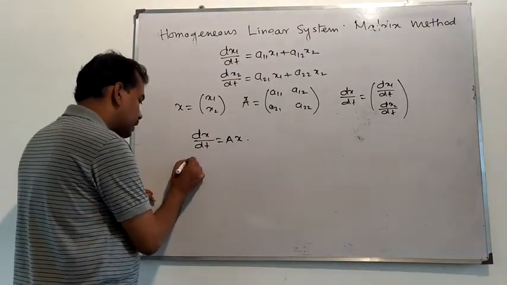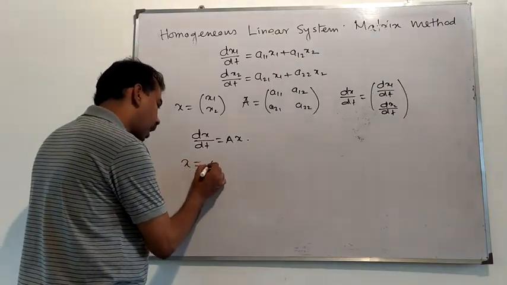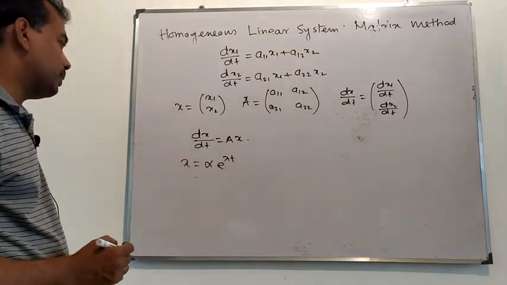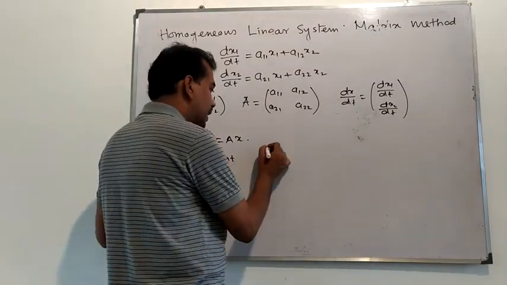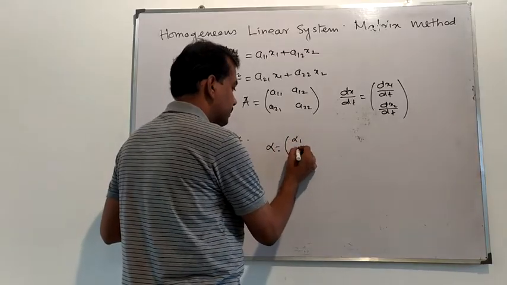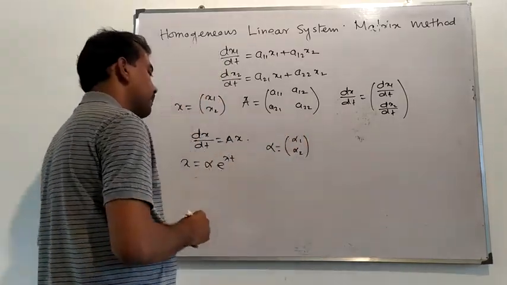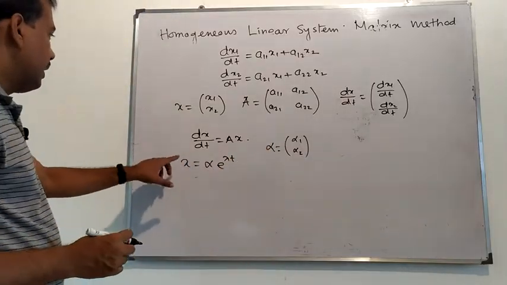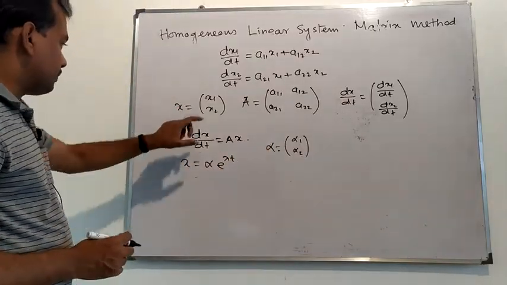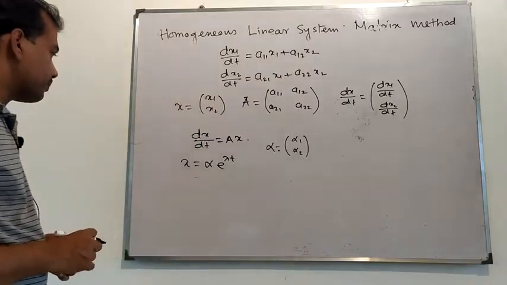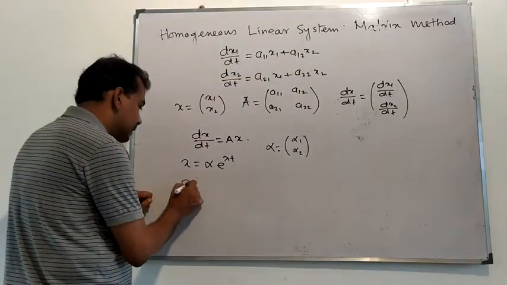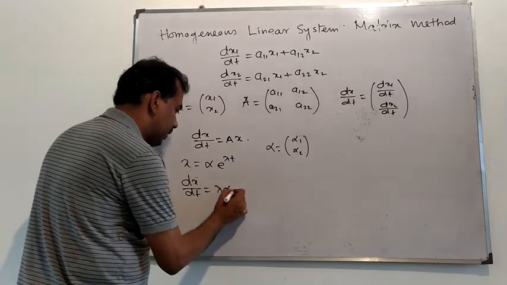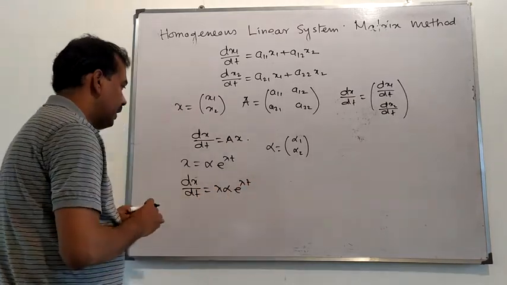So here we consider x equal to alpha e to the power lambda t as a solution of this equation, where alpha is a vector of the form (alpha 1, alpha 2), since x is a vector of this type. Now dx/dt is equal to lambda alpha e to the power lambda t.